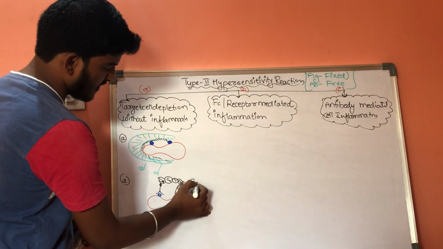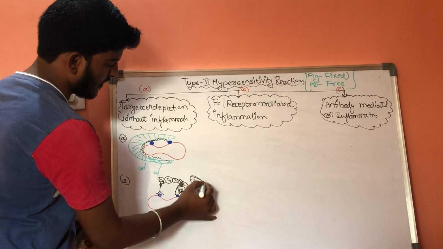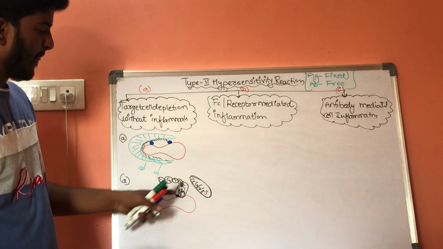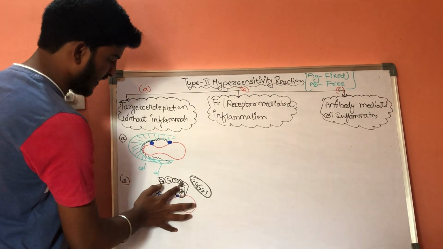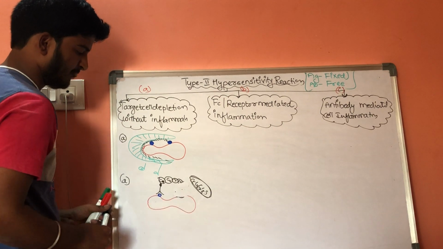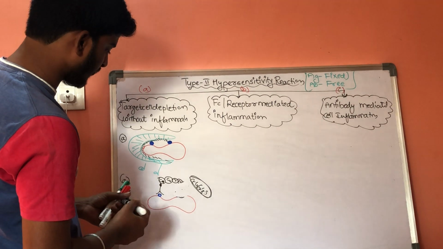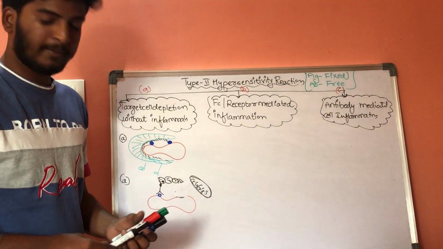C5, C6, C7, C8 and C9 is called the membrane attacking complex. So it will get detached from here. It forms C1, C4, C2, C3. So these are called complementary proteins.